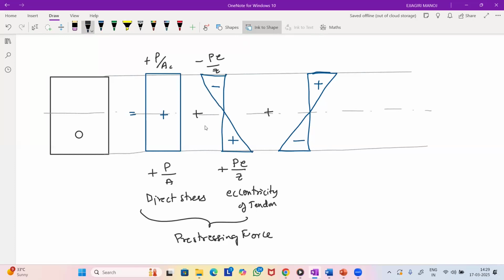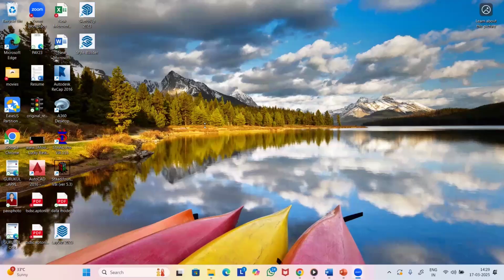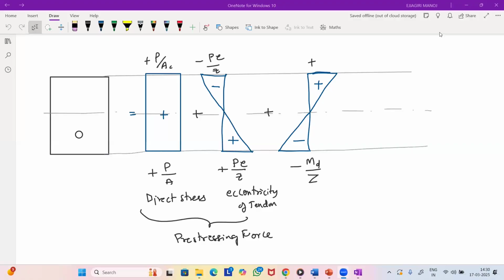And write the formula: minus moment due to the dead load divided by Z, and plus moment due to the dead load divided by Z.